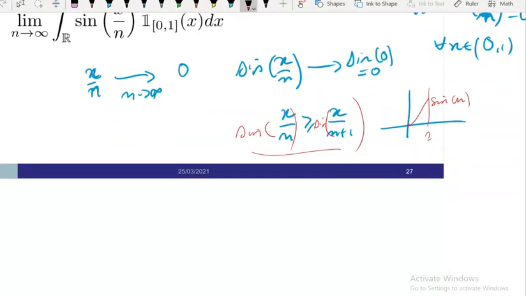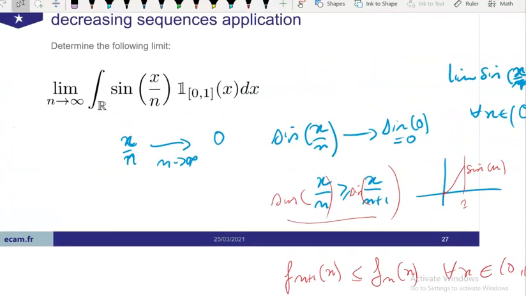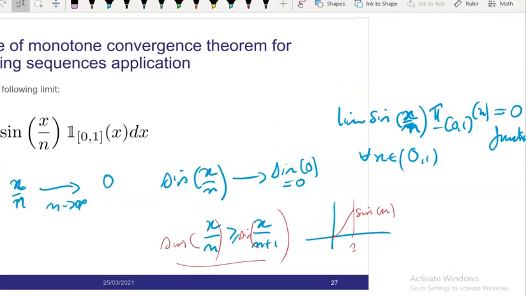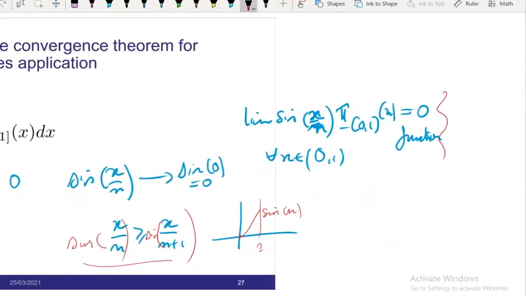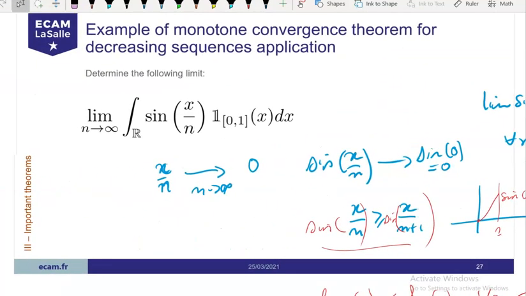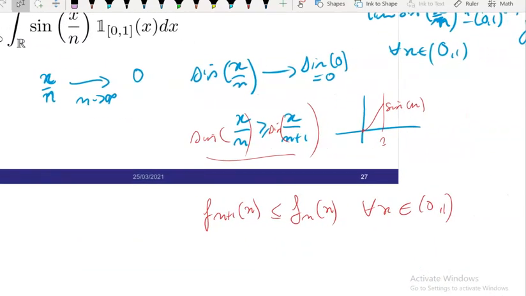We've got that f n plus 1 of x is smaller than f n of x for all x between 0 and 1. So it's converging everywhere to the zero function. It's a pointwise decreasing sequence.